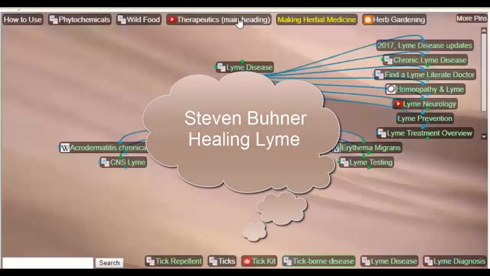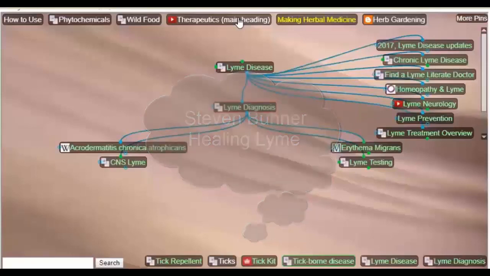So he knows a lot about it, and he knows how the herbal protocols work, and how the antibiotics work, and how to combine them if that's what you decide. So you have a lot of choices that you can make. I wouldn't do an antibiotic drug protocol unless I had a positive diagnosis that it was Lyme.